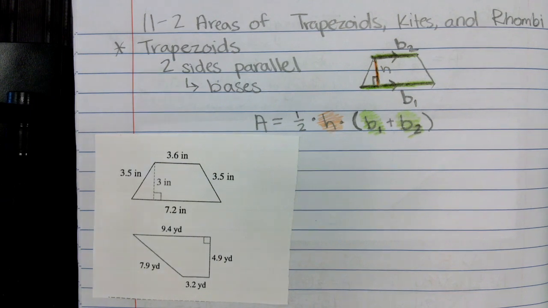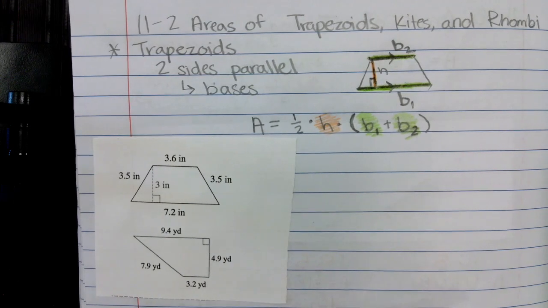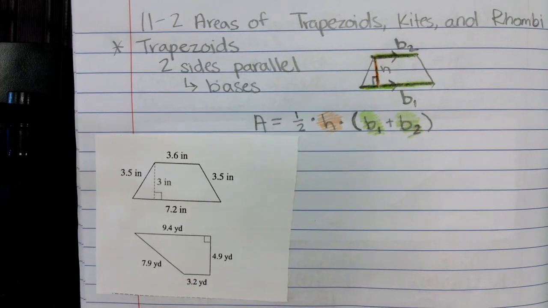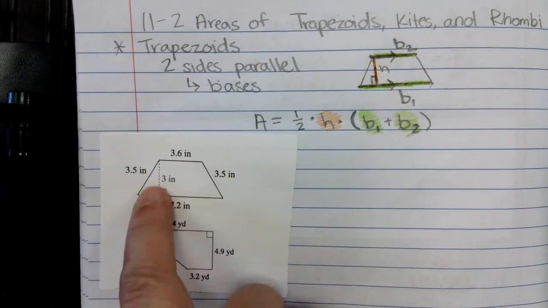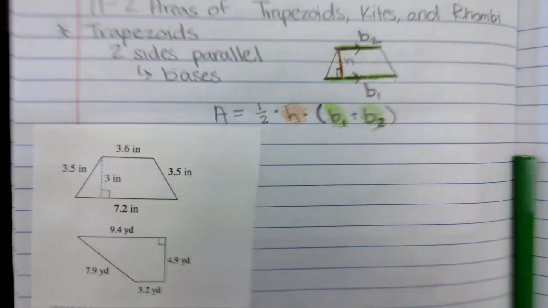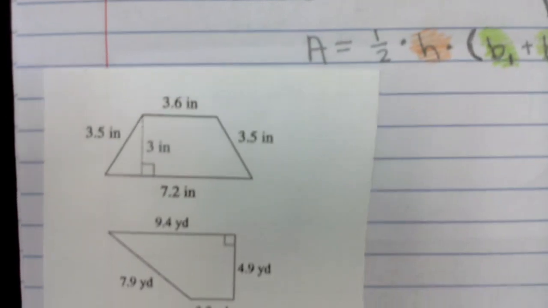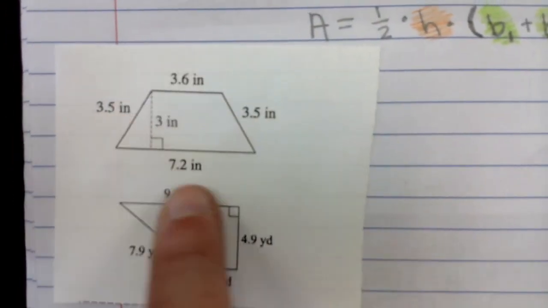Alright, so in this first one, the goal is to figure out what our bases and what our heights are. Let's label which ones are the bases, which two sides. In this first one, 6 is 1. What's the other? 7.2.